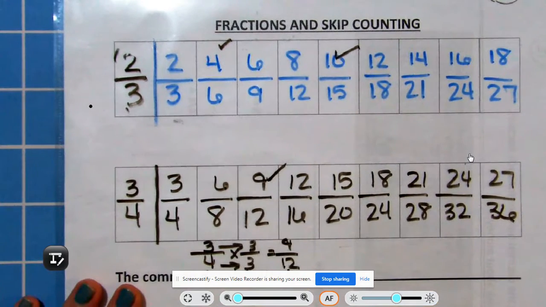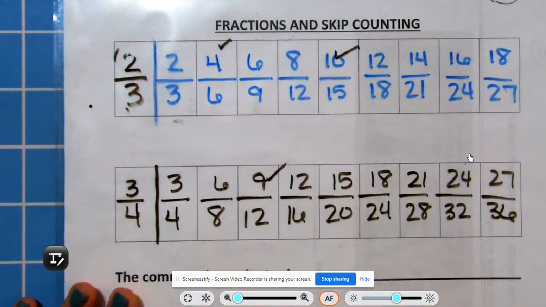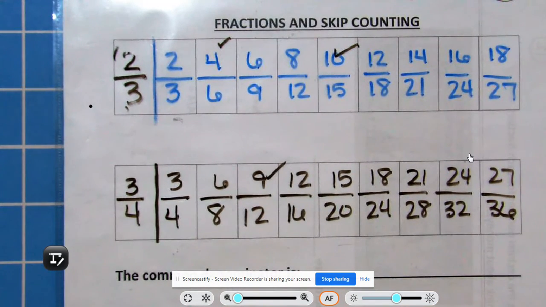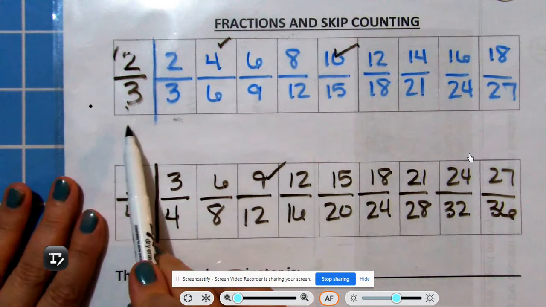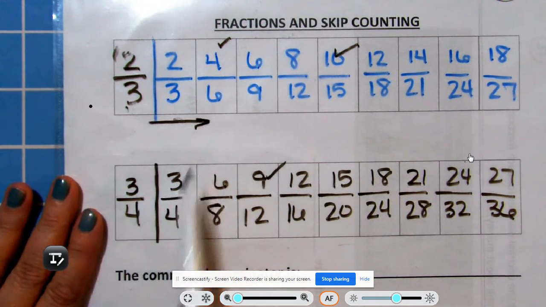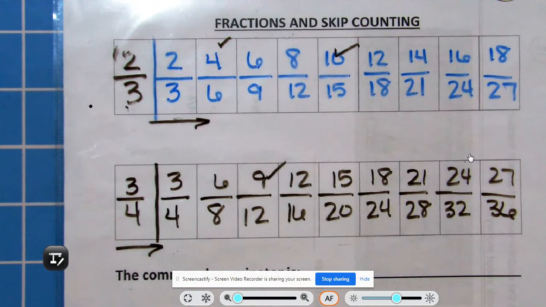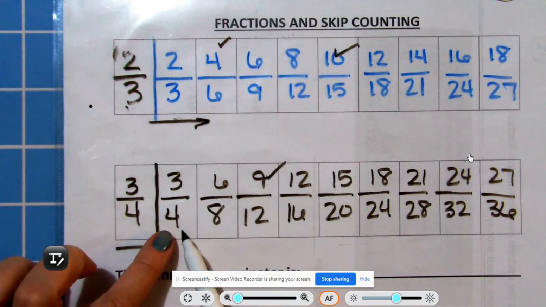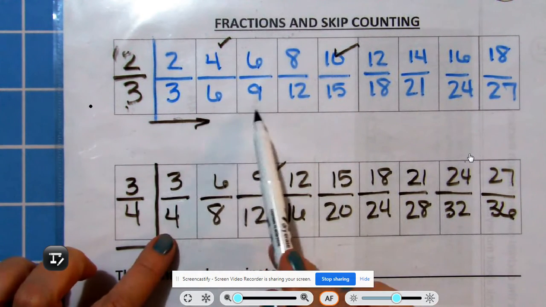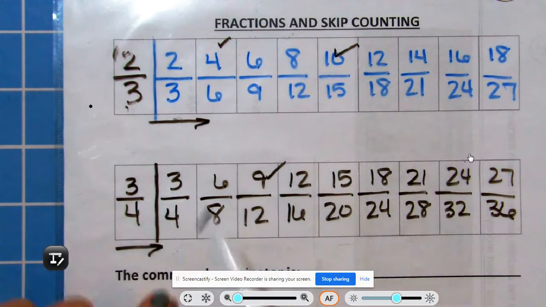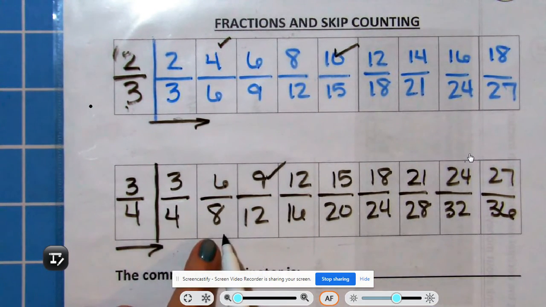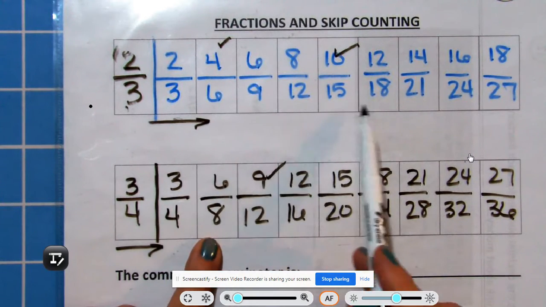There it is. Now, we can use this to help us find a common denominator when we're adding and subtracting. If you start right here and you go this way, we're going to find the least common denominator, the smallest denominator that they have in common. Well, this is a 4. Do we have 4 as a denominator up here? No. We have 8. Do we have 8 as a denominator here?